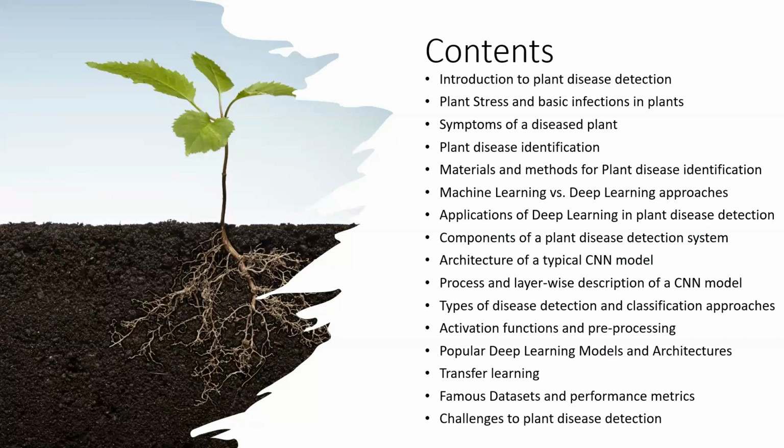And then at the end, we will discuss the challenges of plant disease detection. I hope the participants have brief knowledge about neural network concepts, so I will be starting from the convolutional neural network only. Okay, in case you have any doubt, please interrupt me. I will be happy to answer the queries.